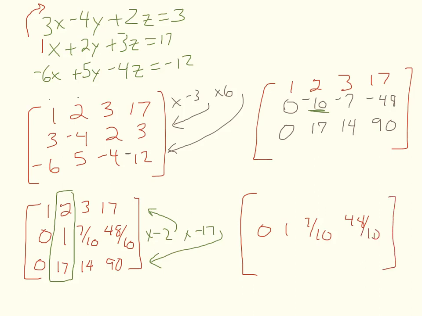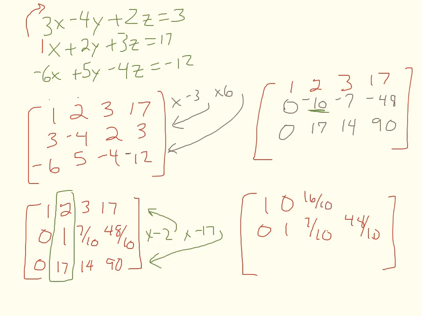Okay. And we'll start multiplying. 0 times negative 2 is 0, plus 1 is 1. That doesn't change. 1 times negative 2 is negative 2, plus 2 is 0. That's what we wanted. 7 times negative 2 is negative 14. Negative 14 plus 30 over 10 is 16 over 10.